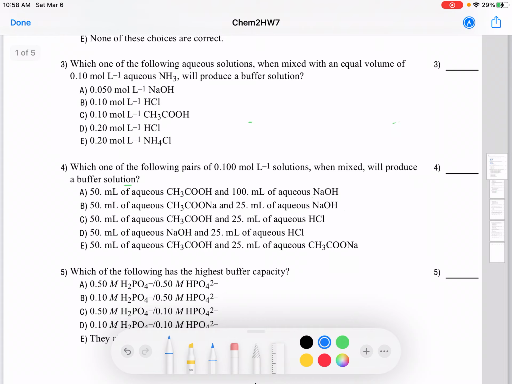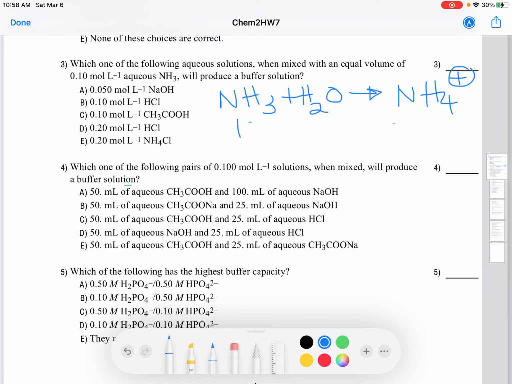Number 3, which of the following mixed with equal volume of 0.1 molar aqueous ammonia will produce a buffer solution? Now here ammonia is a base. Normally a base will grab a proton from the medium, could be from water, and form an ammonium ion.